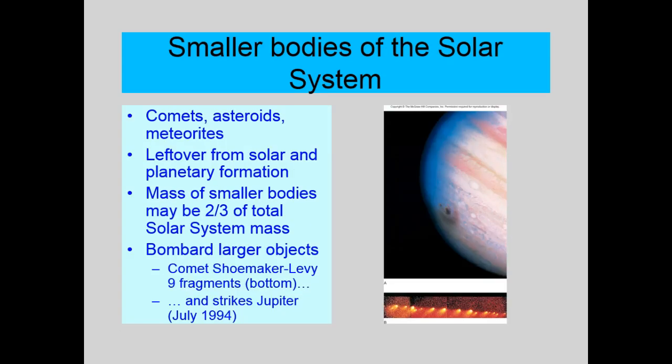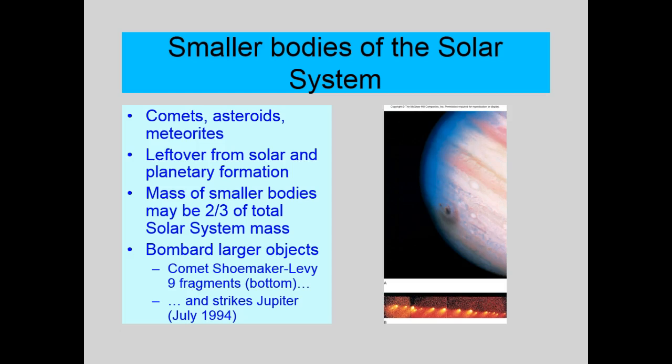Let's move from them to smaller bodies of the solar system. Now, what these smaller bodies are, they come in several varieties. One of these is comets. Another is asteroids. We've mentioned the asteroid belt several times. And the other one is meteorites.